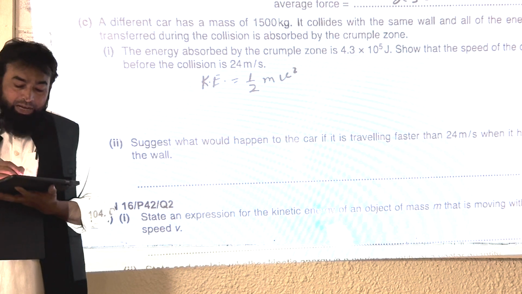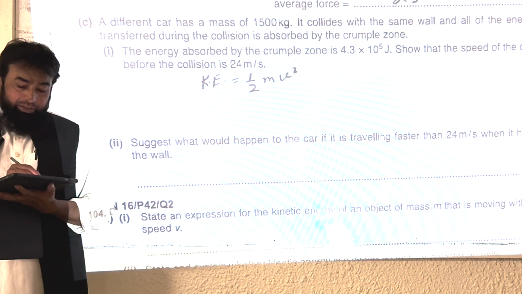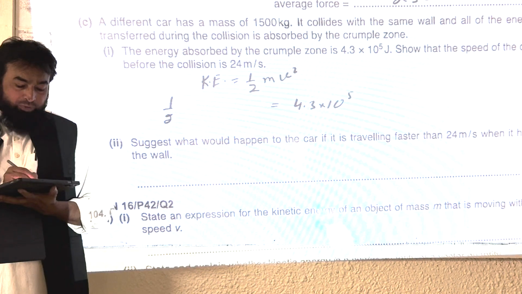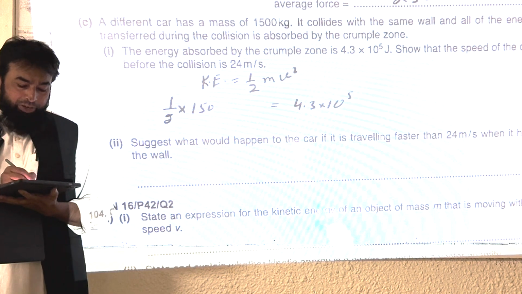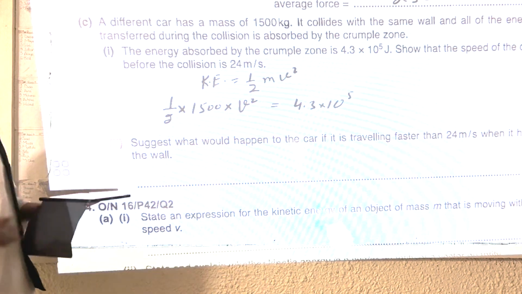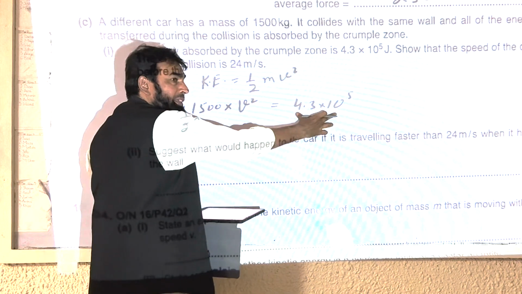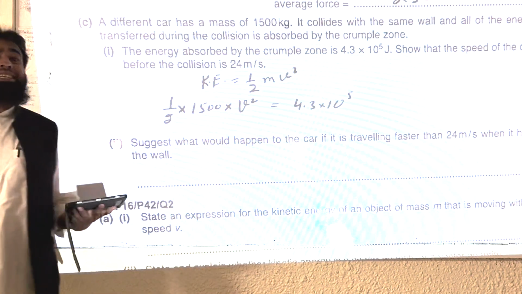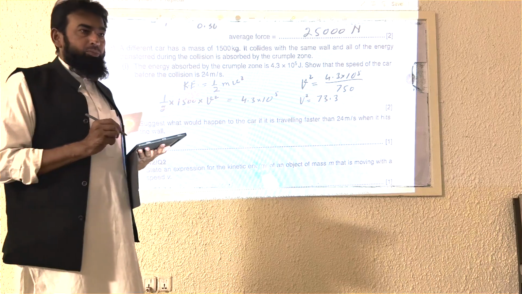So I am writing here kinetic energy 4.3 times 10 raised to the power 5 is equal to 1 over 2, multiplied by the mass of the car, 1500, and the velocity we have to prove. Okay, I have applied the formula. I have put the kinetic energy on this side. Now you can solve this equation. You can make V the subject of the formula.